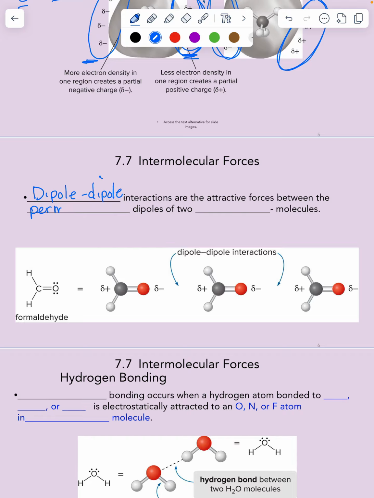They don't fluctuate. It doesn't matter if the electrons move around. The dipole is still there. And this always happens between two polar molecules. So both of the atoms have to be polar for a dipole-dipole interaction to take place.